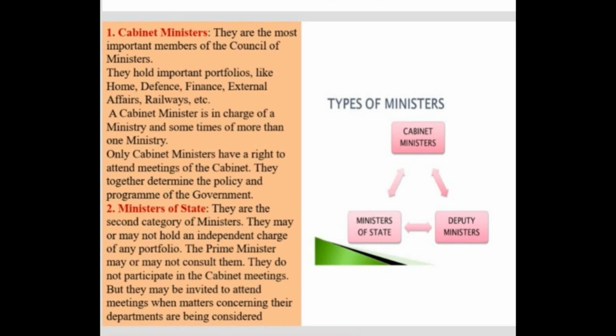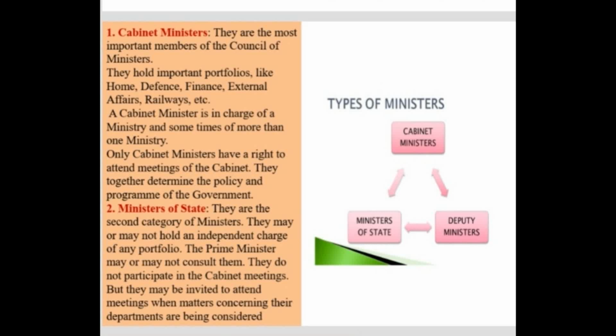They are politically very senior and they are capable of handling such important ministries. Hence the prime minister, in appointing ministers to such important sectors like home, defense and finance, will always choose cabinet ministers as the senior-most leaders.